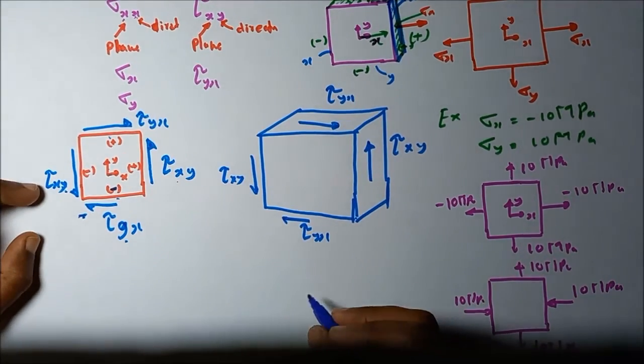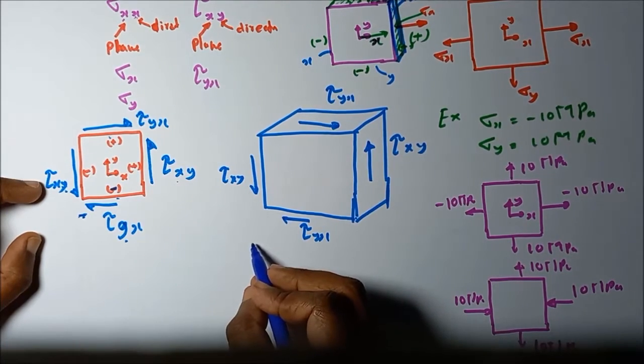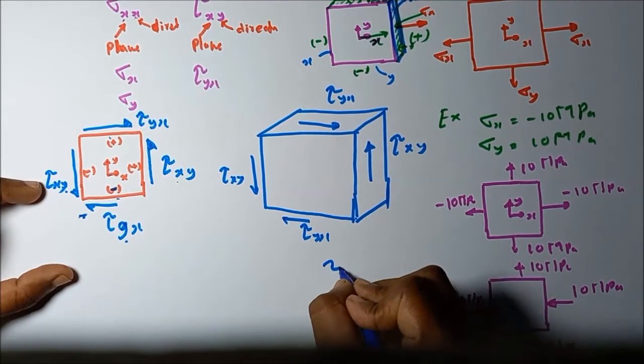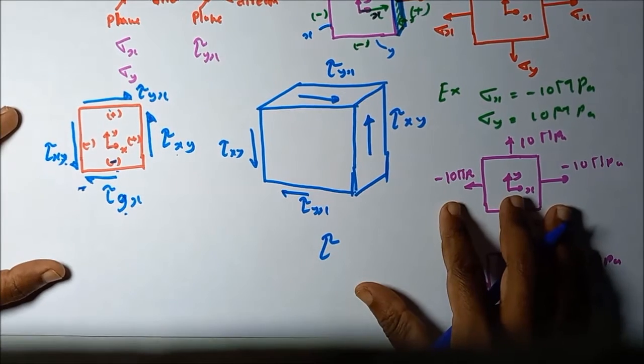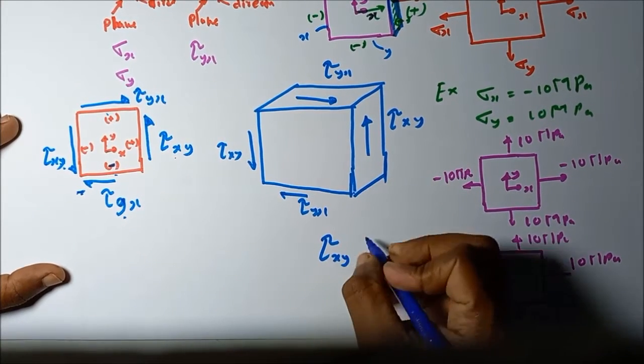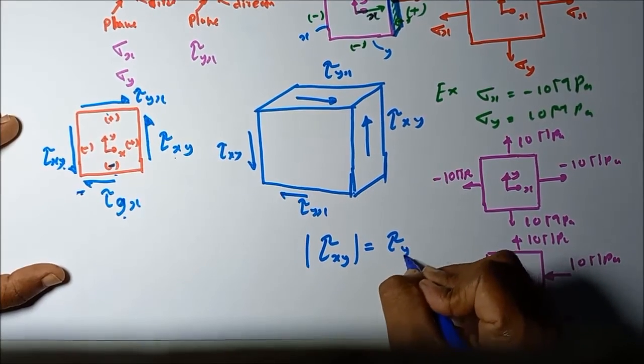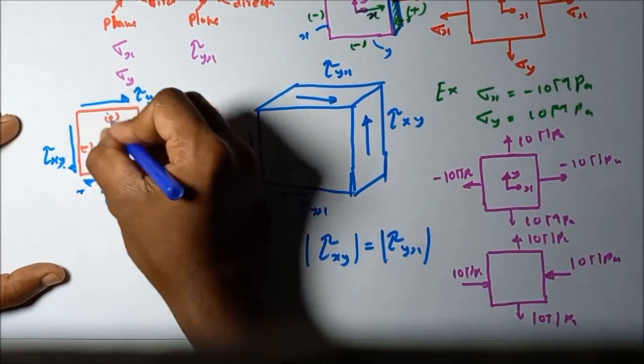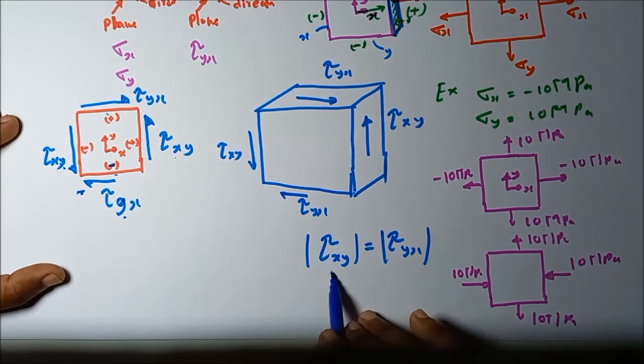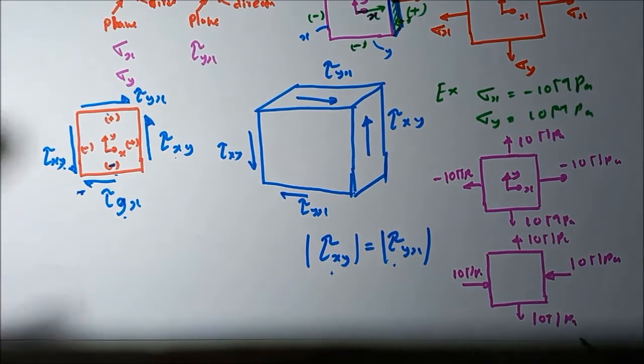Similarly, we can say that tau xy and tau yx, considering the rotational equilibrium of this stress element, are equal in magnitude. I think you now have a clearer idea how to mark the shearing stresses on a two-dimensional stress element.